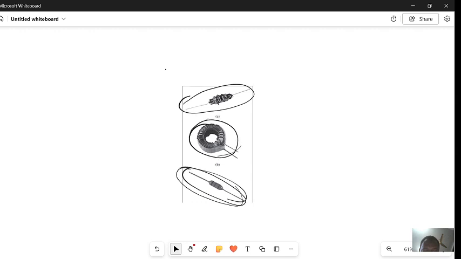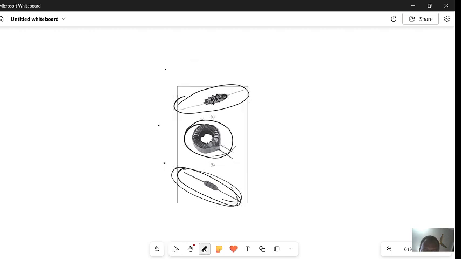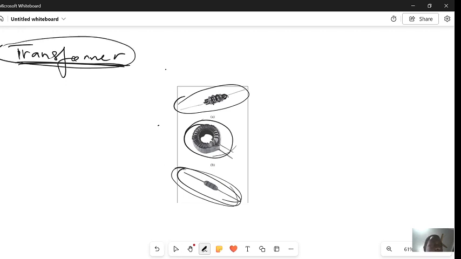We also have the number of turns inside this circle. These inductors are mostly used in a transformer, which we already saw in the practical physical part.